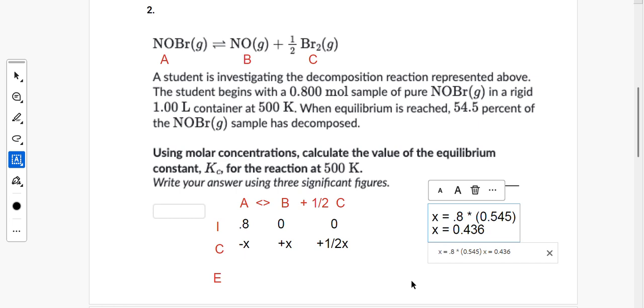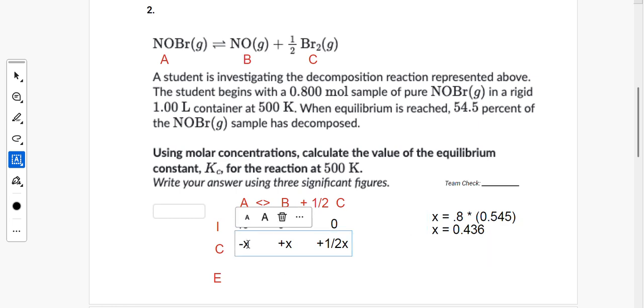All right, now if we take that X value and apply it, what that'll look like is 0.436 wherever there was an X value. And this one's going to be 1/2, so it's going to be plus 0.5 times 0.436.